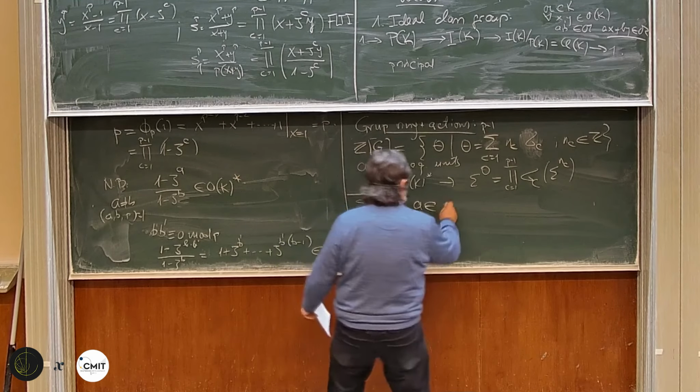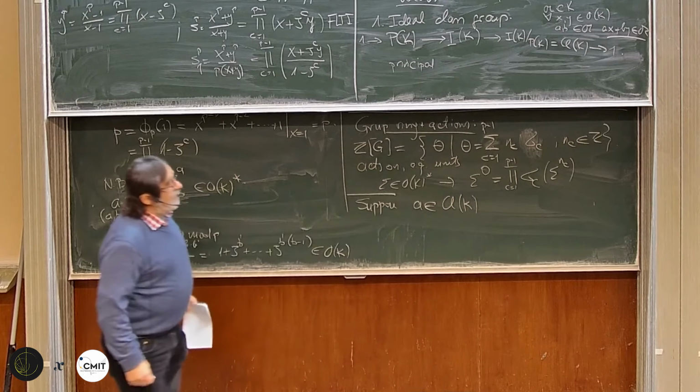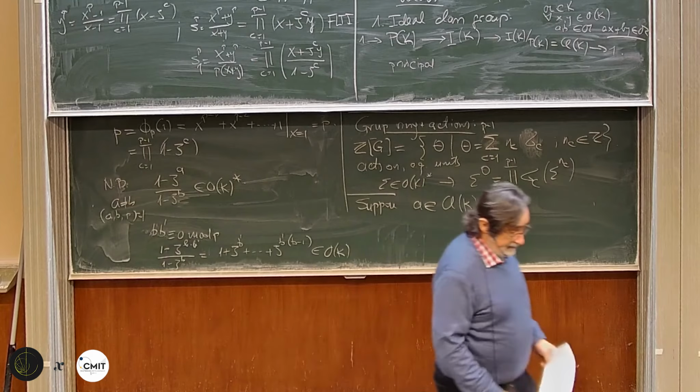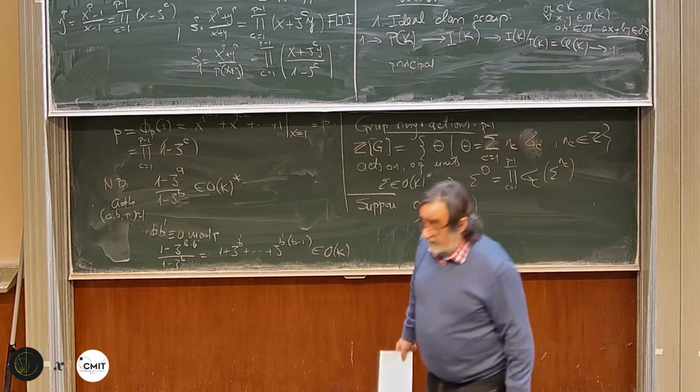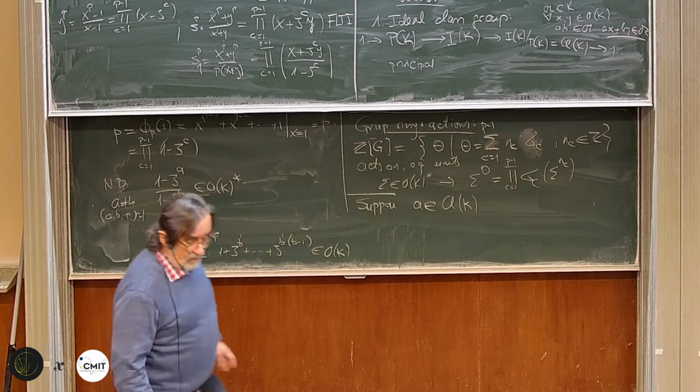Now we get a little bit more abstract. We consider an element of the class group. As I said, the group ring can act on that too.